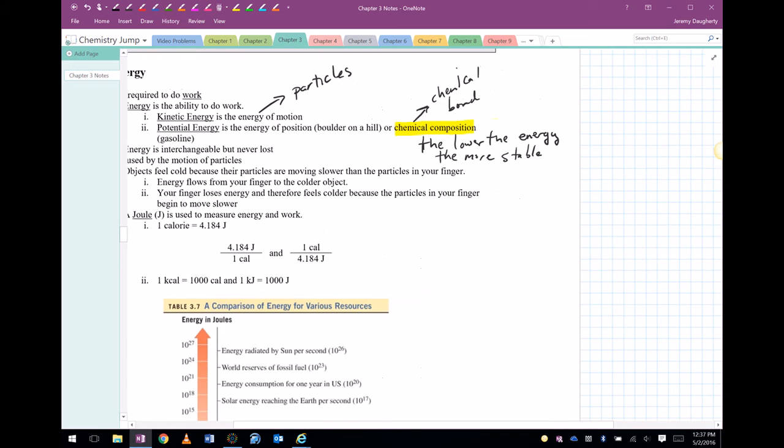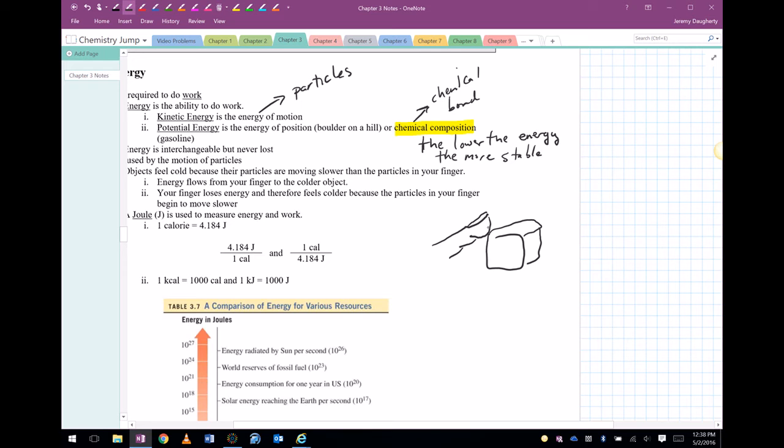So what happens when you touch something cold? Here's an ice cube, and here's your little finger. Sorry about that. What's happening?